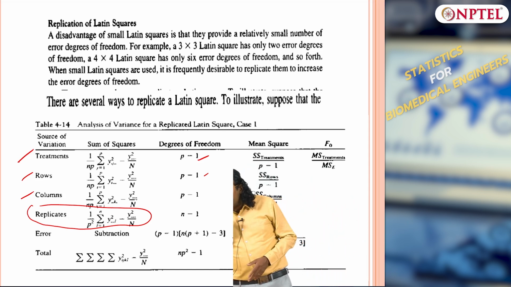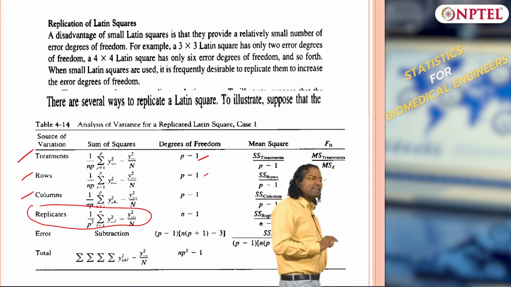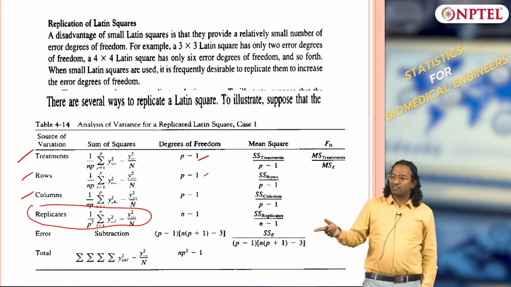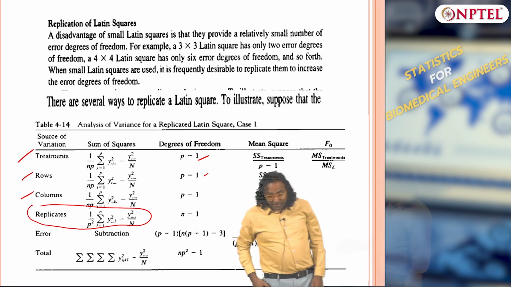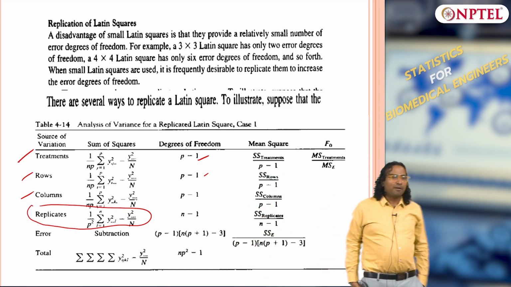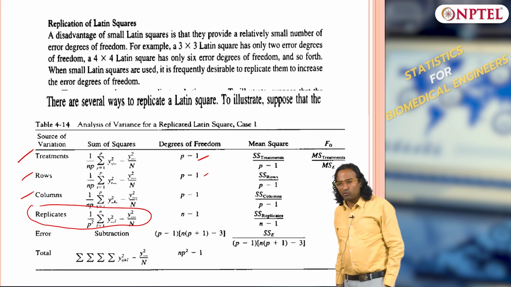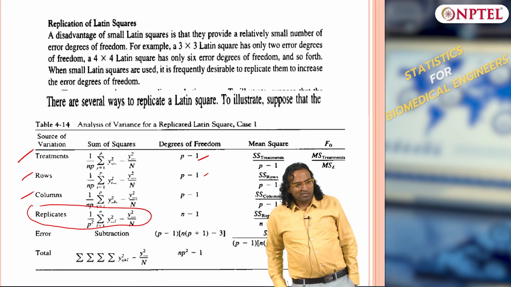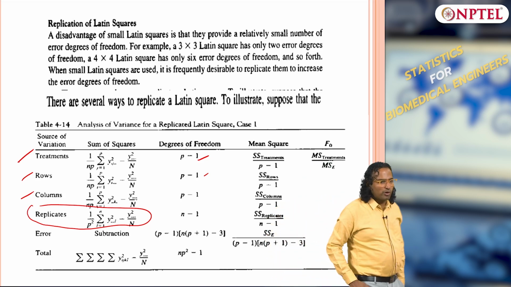So, you want to increase the degrees of freedom of error, sum squared error or mean squared error, and that can be increased by replications. So, when you replicate, everything remains the same, it is going to be p minus 1, p minus 1, p minus 1, right, because it is the Latin square design.